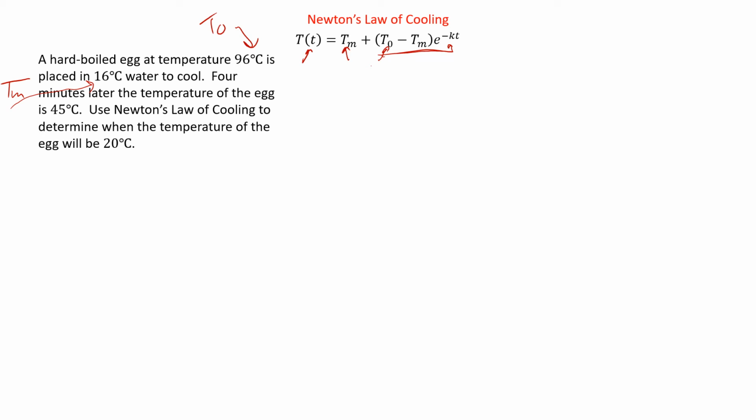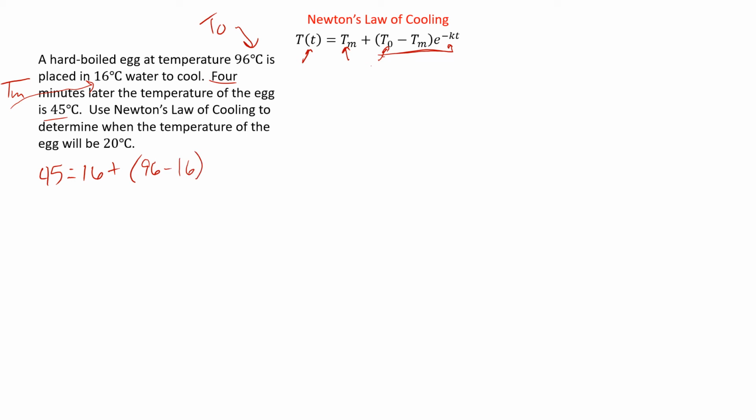So we're going to set up a couple different equations here. The first one, we're going to use this extra information. 4 minutes later, it's 45 degrees Celsius. So we can go with 45 degrees Celsius equals the room temperature, which is 16, plus the difference, 96 minus 16.